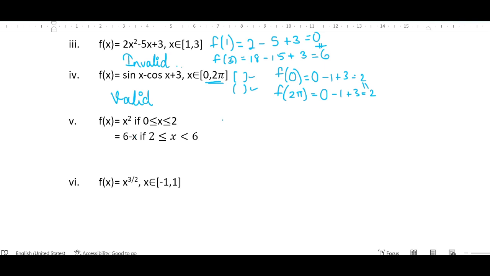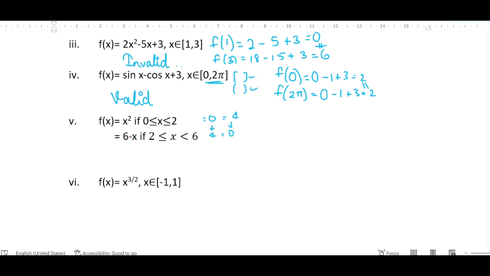So let's see if f of a is equal to f of b. So over here, if you put 0 in place of x square, you get a 0, and 2, you get a 4. Over here, if you put a 2, you get a 4, and a 6, you get a 0.